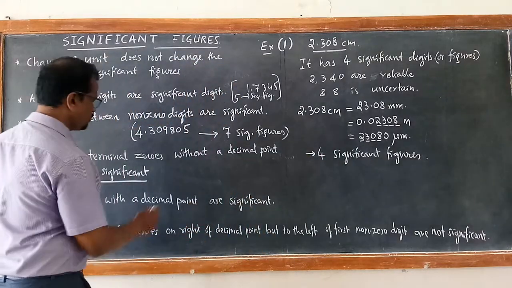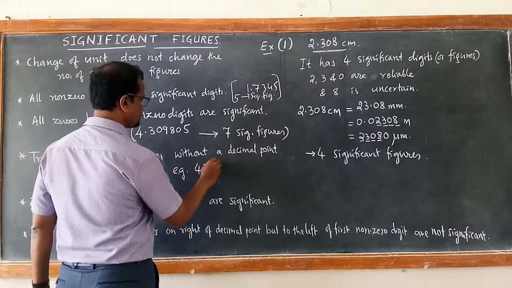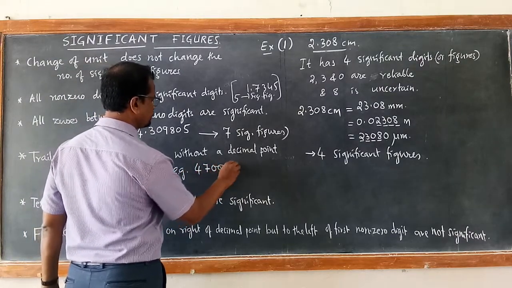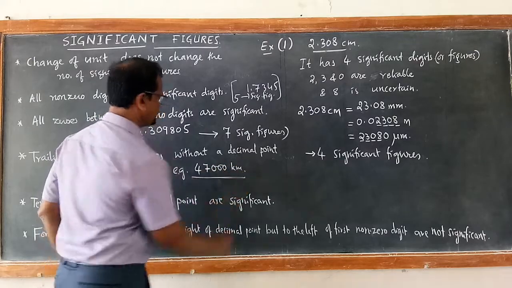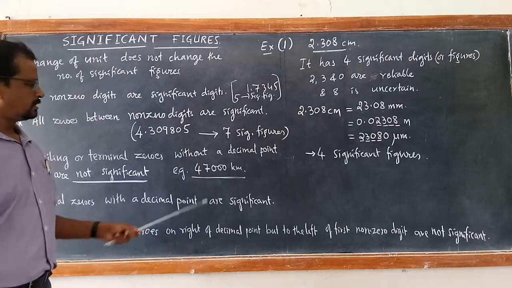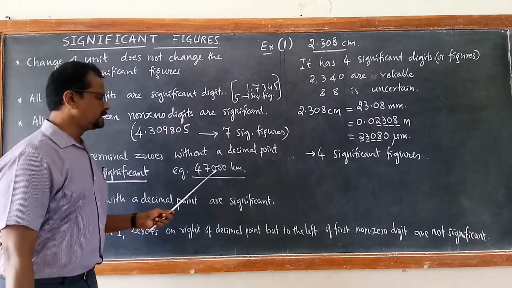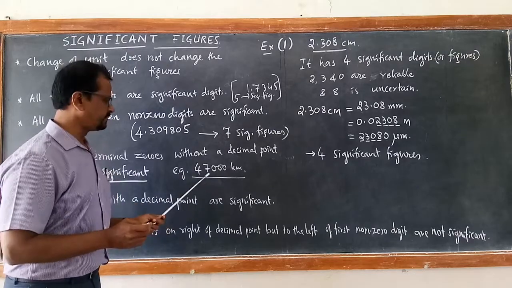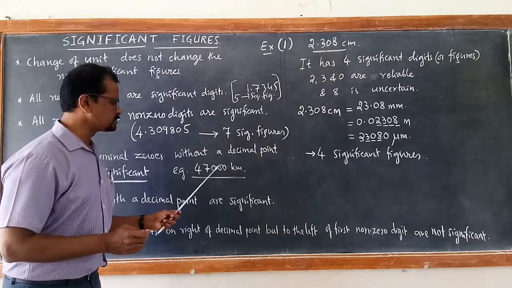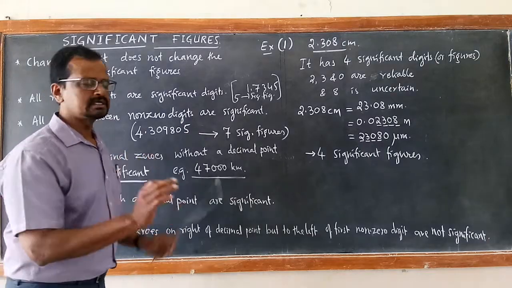For example, one more, let us take 47,000 kilometer. It doesn't have any decimal point. Although it is a 5-digit number, it is not having any decimal point. Therefore, these trailing zeros are not significant.